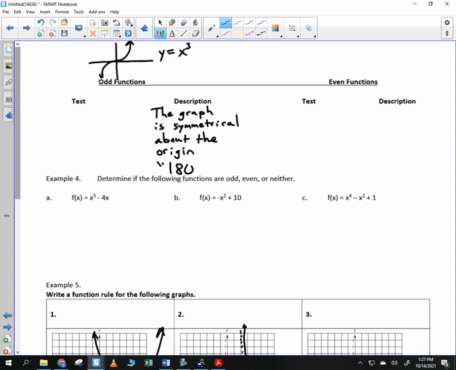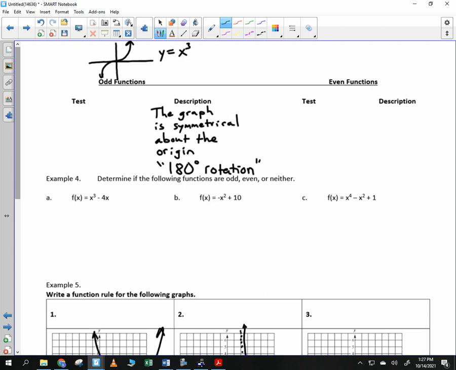And what that means is a 180-degree rotation. So if you were to look at this graph that I have right here, if I were to spin it 180 degrees, would it look the same as it does now? And it would. That makes it an odd function.